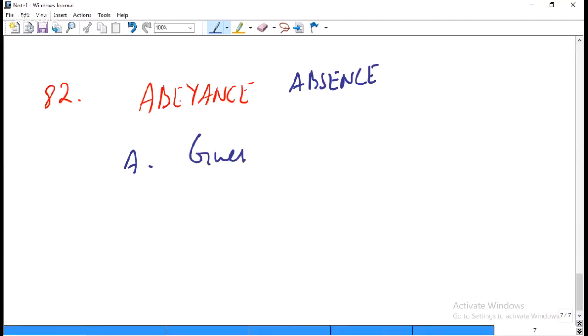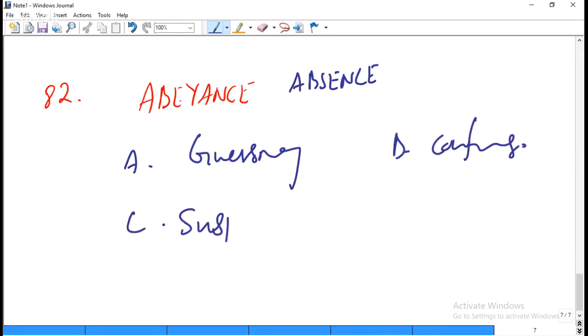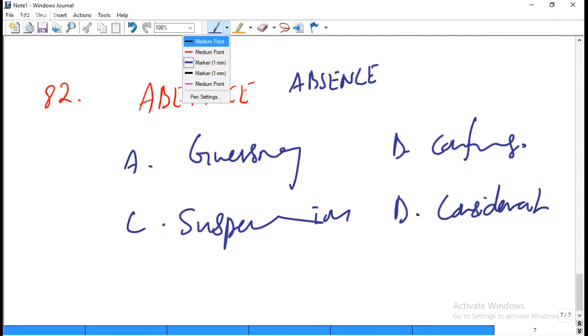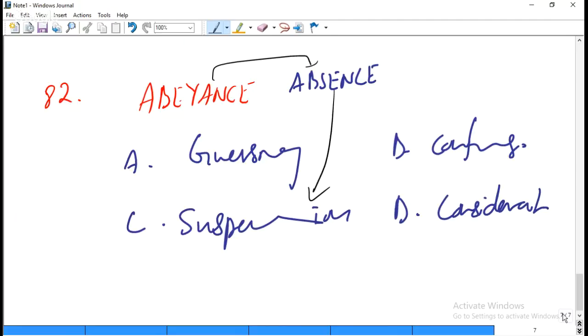A is guessing. B is confusion. Option C is suspension. Option D is consideration. So abeyance sounds like absence as well as it has a similar meaning, and the synonym is suspension.